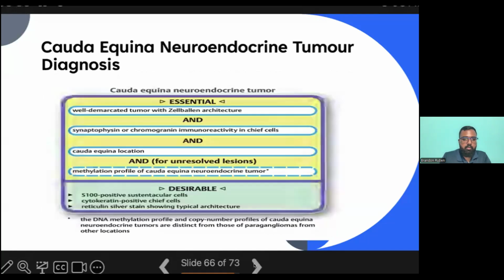Diagnosis: either a well-demarcated tumor with Zellballen architecture and synaptophysin or chromogranin immunoreactivity in chief cells and cauda equina location, and for unresolved lesions, a methylation profile of cauda equina neuroendocrine tumor.